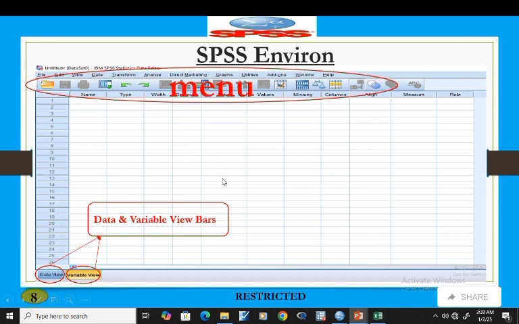That is what the SPSS environment looks like.